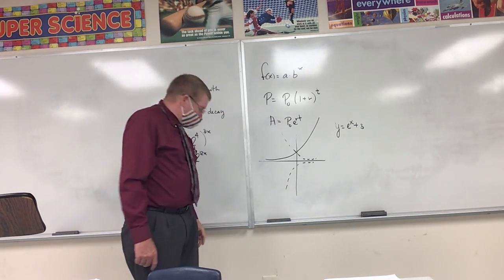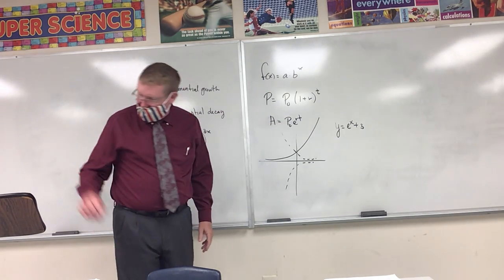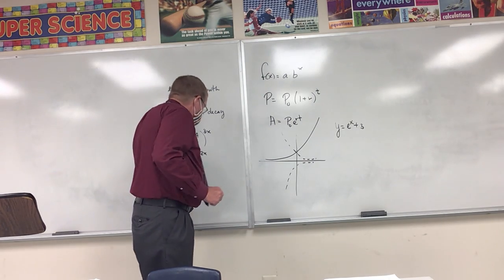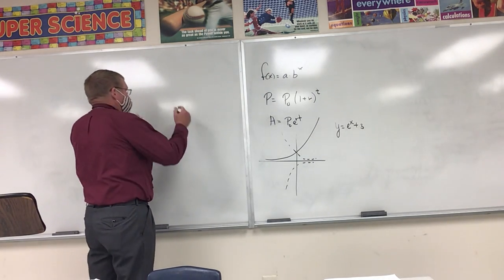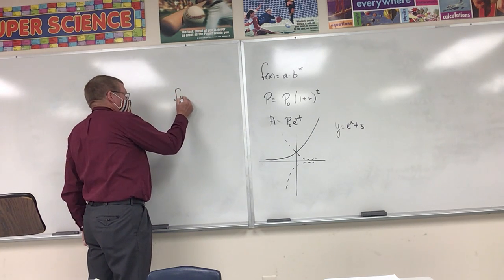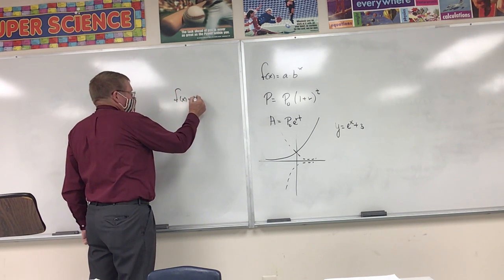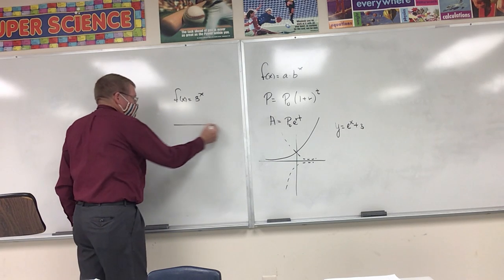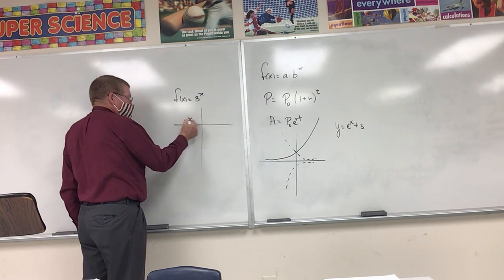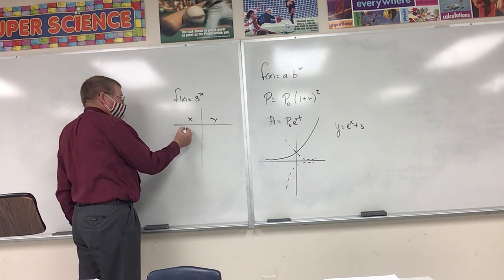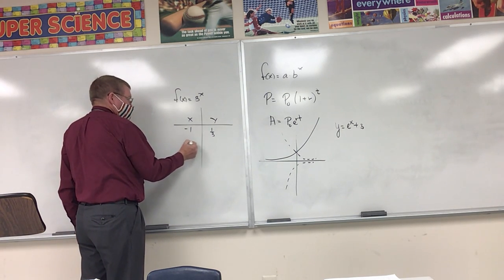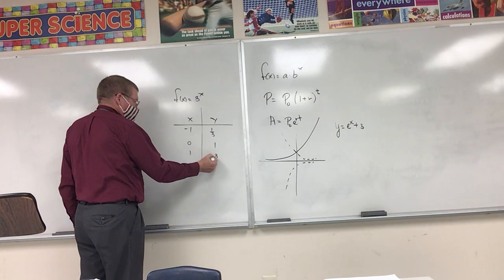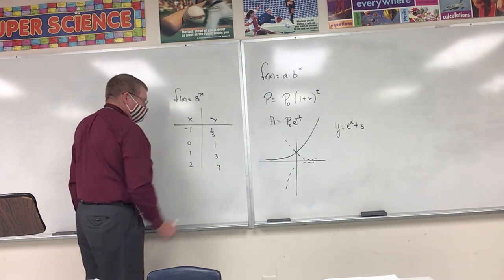If f of x equals 3 to the x, and I make a table, starting at -1, that's 1/3, 0, that's 1, 1, that's 3, 2, that's 9.